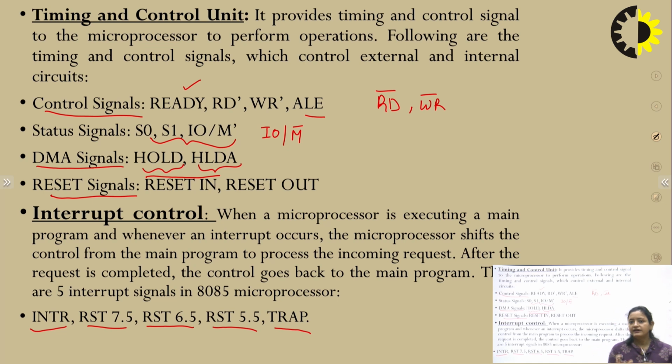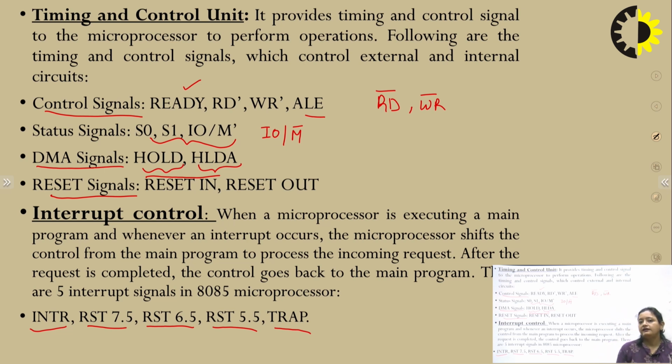Whenever microprocessor 8085 is executing its main program and an interrupt request comes, then it has to hold its main program, service that interrupt request, and only after that interrupt request is completed can microprocessor 8085 switch back to its main program.